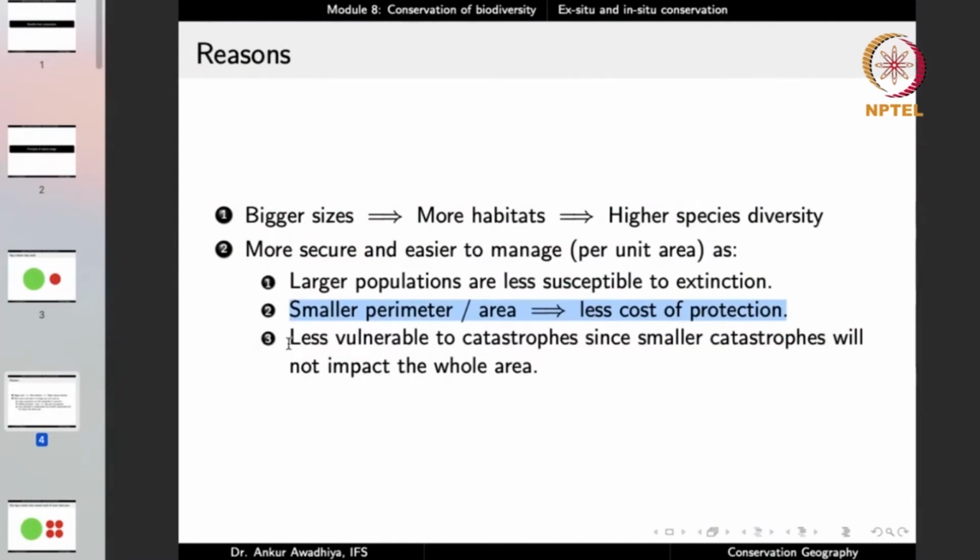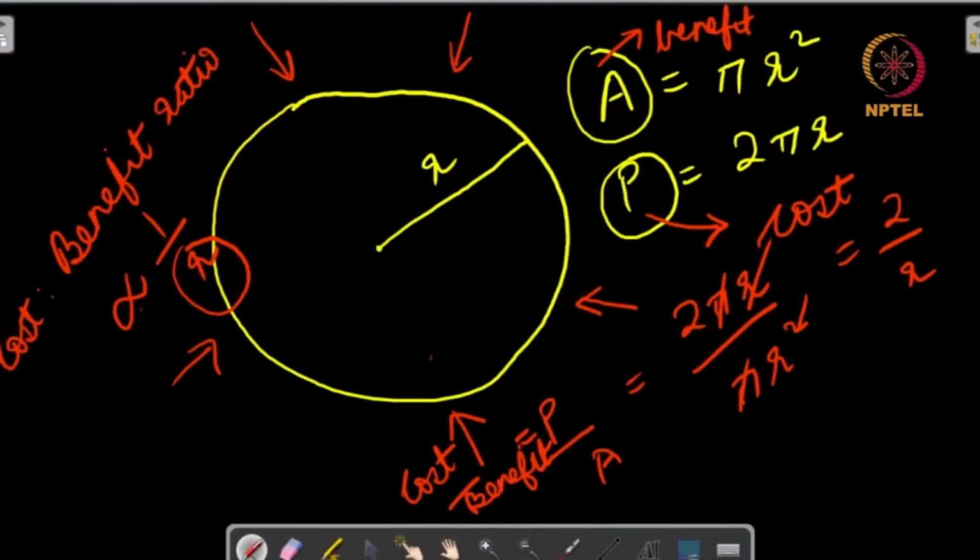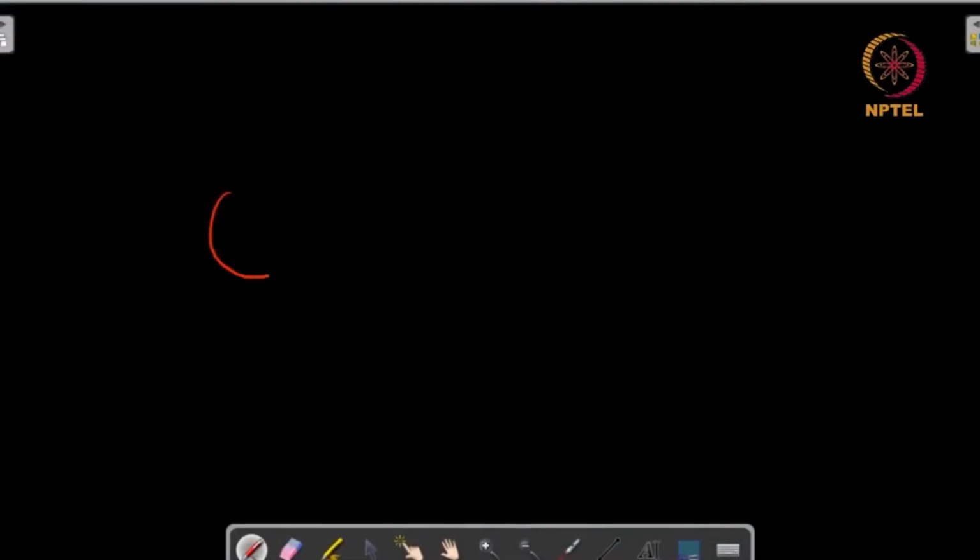Another benefit is that it is less vulnerable to catastrophes, since smaller catastrophes will not impact the whole area. Now what does that mean? If you have a small size reserve and suppose there is a forest fire, then there is a good chance that this reserve is completely destroyed.